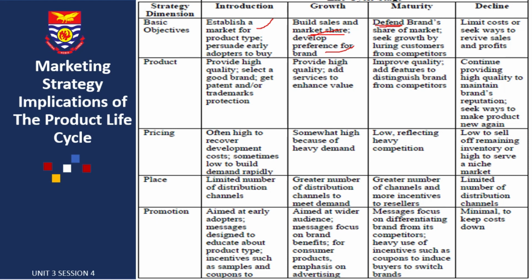At a growth stage, the product should also provide high quality, and there should be additional services to enhance value proposition. Then also at the maturity stage, there is a need for marketers to improve quality, add features that would distinguish the brand from what competitors are offering in the market.